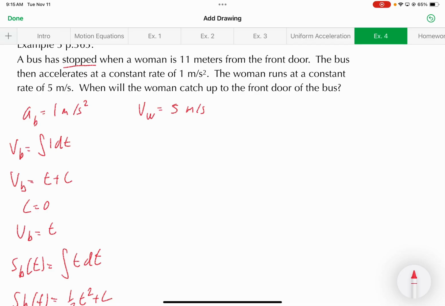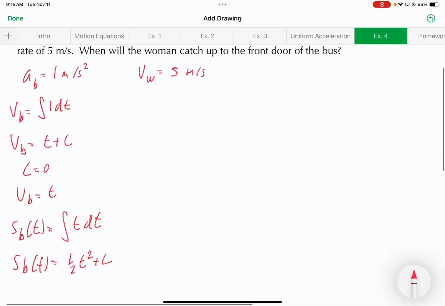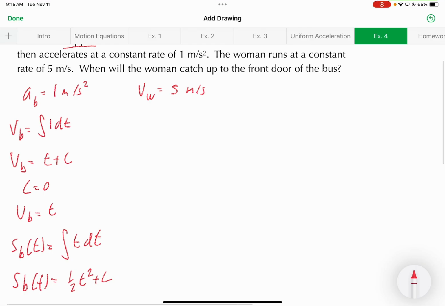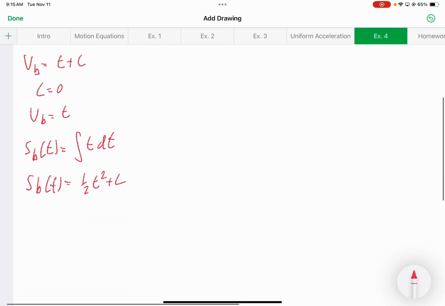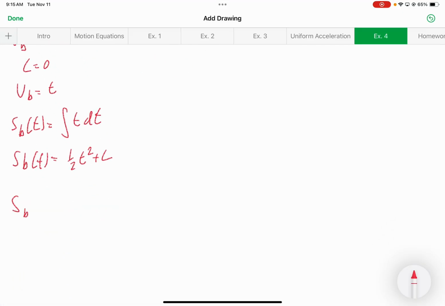Let's think of the bus as home base, so the bus's initial position is 0. If the bus's initial position is 0, what's the woman's initial position? It's -11, because she's 11 meters behind the front door. So the position of the bus at time t is just 1/2 t squared, because my c value is 0.